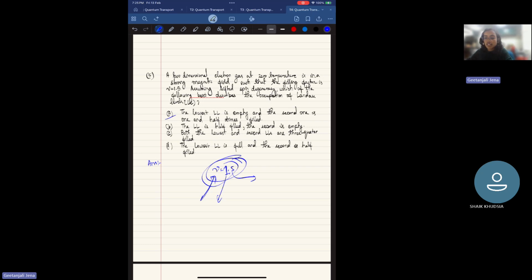If it is 2, then the two Landau levels are fully occupied. If it is 2.5, then two Landau levels are occupied, and the third level is half occupied. So the answer to this is: the lowest Landau level is full, and the second one is half filled.